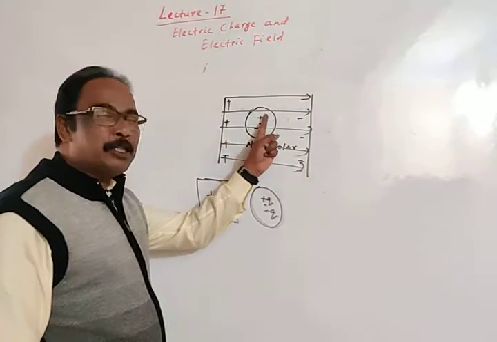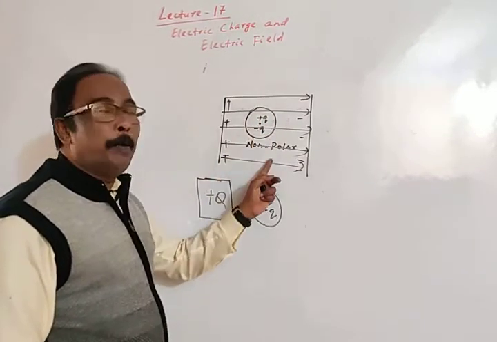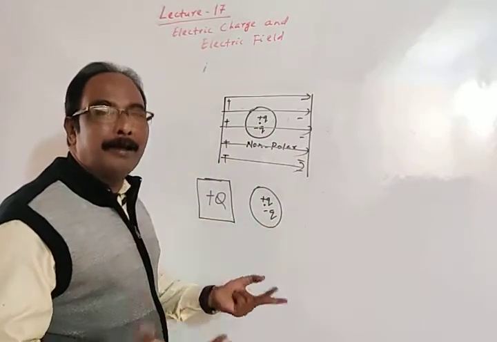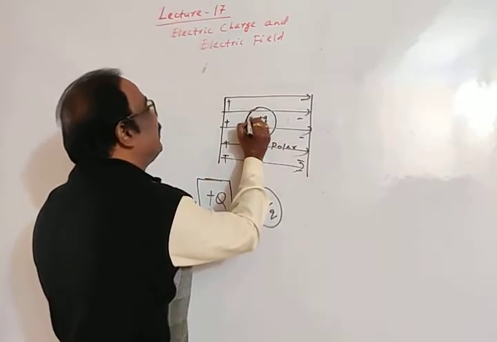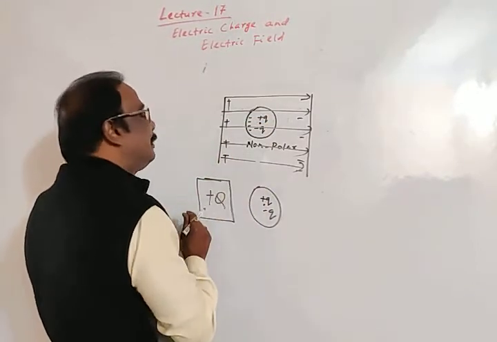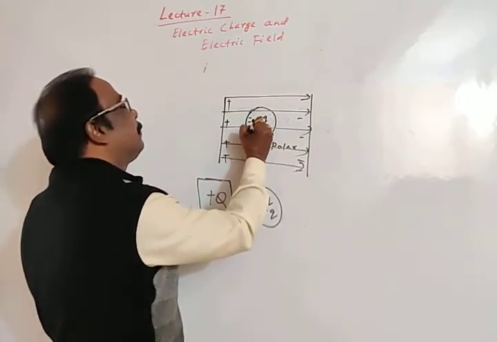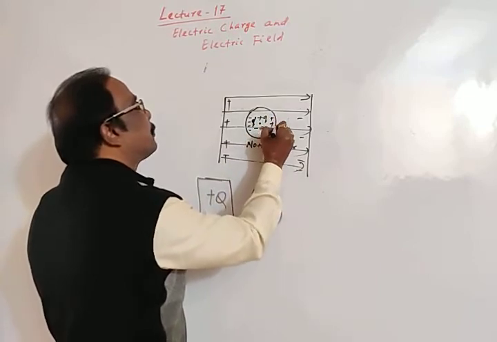If a non-polar atom is placed in an electric field, then it may be converted to a polar atom. See, if this is positive, then it will attract the electrons to the near end. So this side will become minus Q dash, and this side will become plus Q dash.